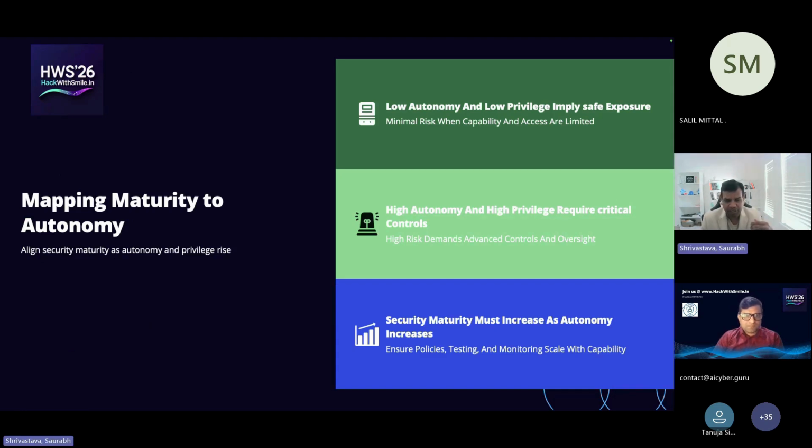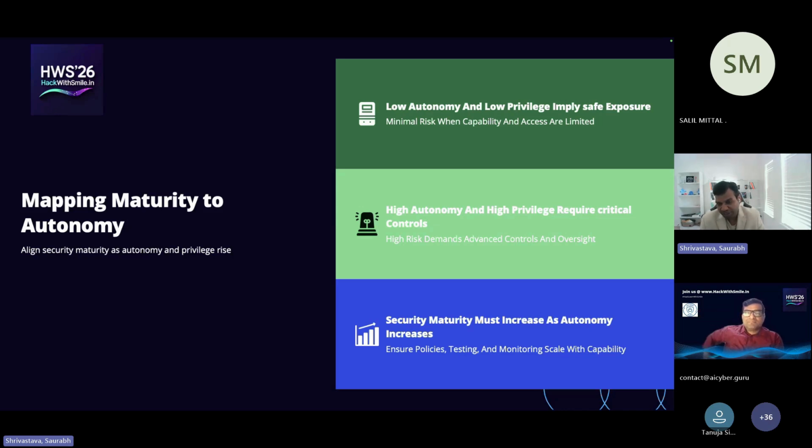At a high level, you will see that low autonomy and low privilege imply safe exposure. And then high autonomy will have the advanced control, but you also require the critical control. So if you are giving everything to the agent, then your security should be highly autonomous, and the maturity model should increase as autonomy increases.